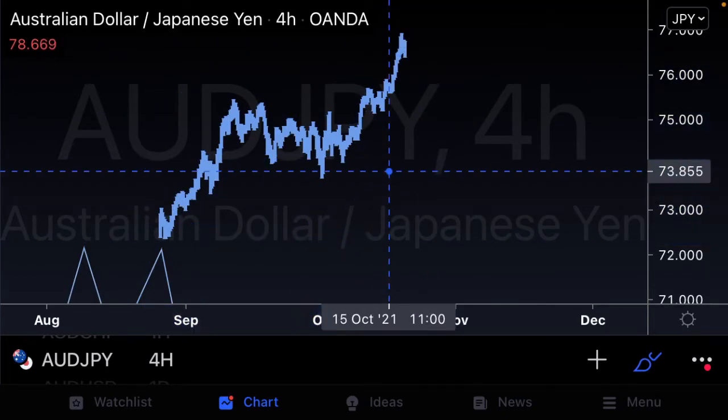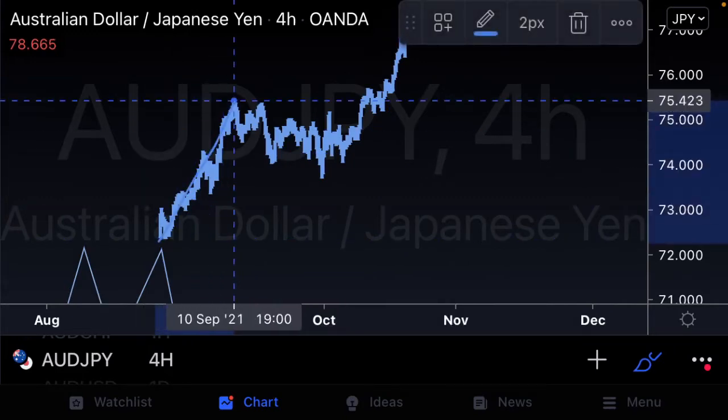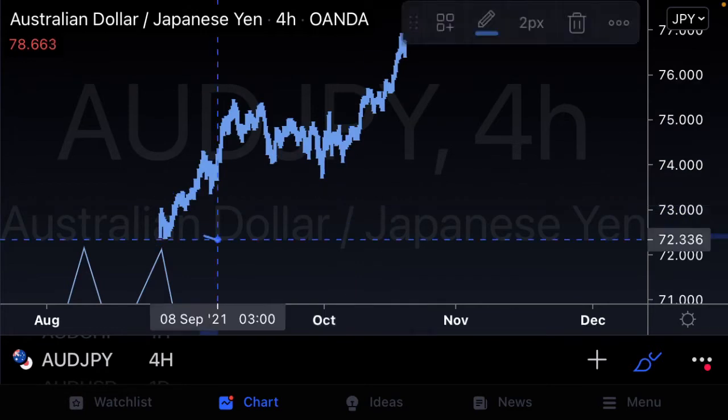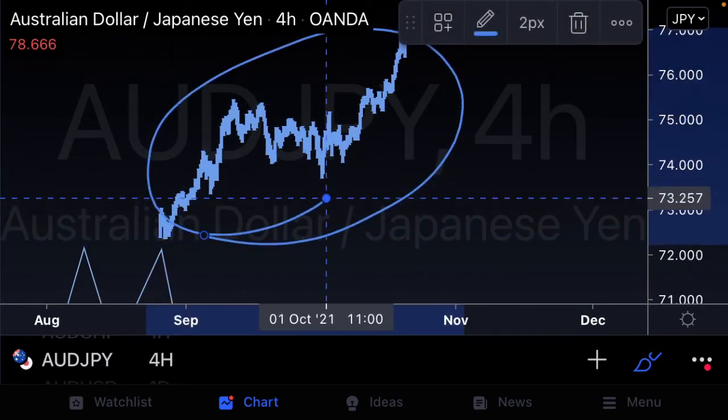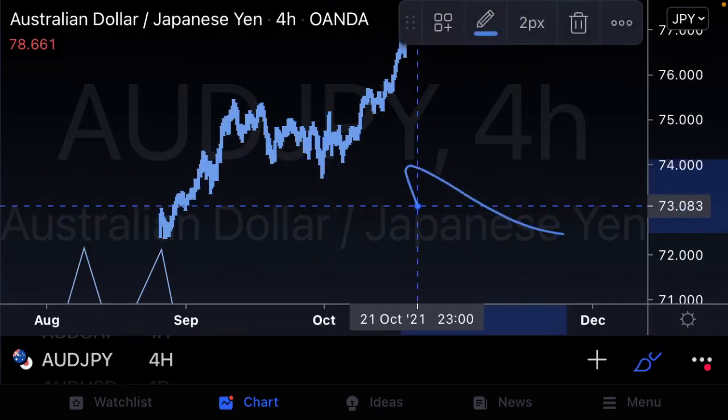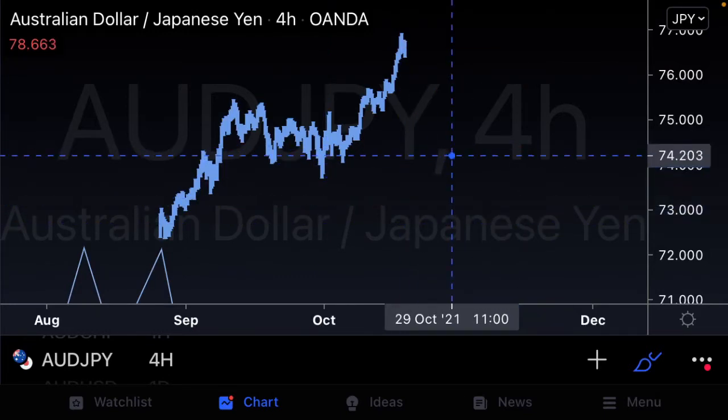Because the same nature that we see happening, for example, if we call this the 4-hour time frame, the same price action that we see happening on the 4-hour time frame also happens on lower time frames as well as on higher time frames. So without someone telling you what time frame this piece of price action is, you'll never really know. The nature that occurs on one time frame occurs on every other time frame.